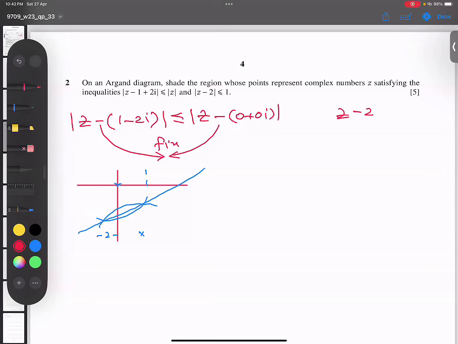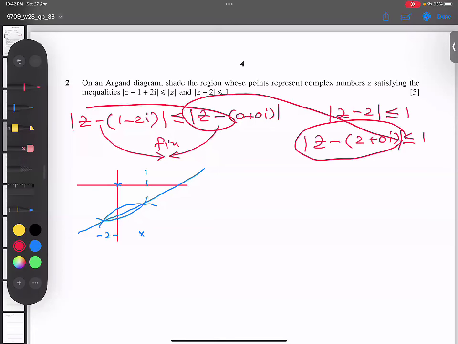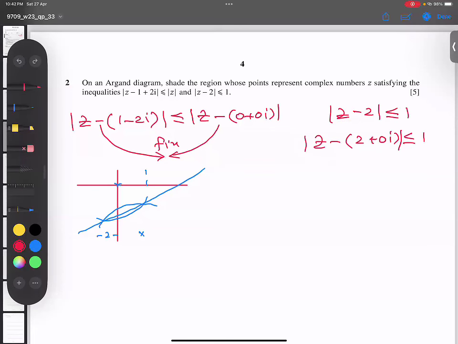If it comes this way, you can make a rough idea. Take the negative common, you get 2 plus 0i. When modulus is involved on one side, not two sides like this, we draw a circle. The center is here and the radius is 1. Because the circle is like this, radius is 1.